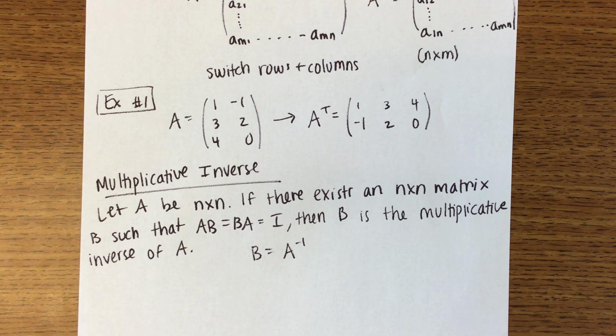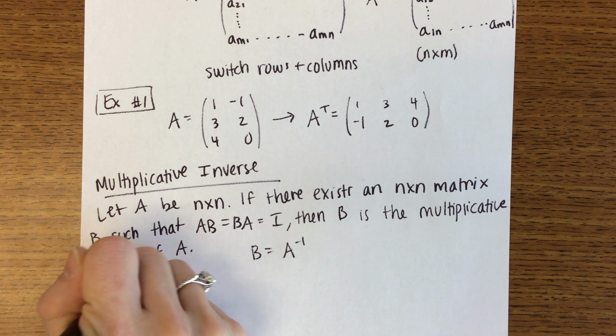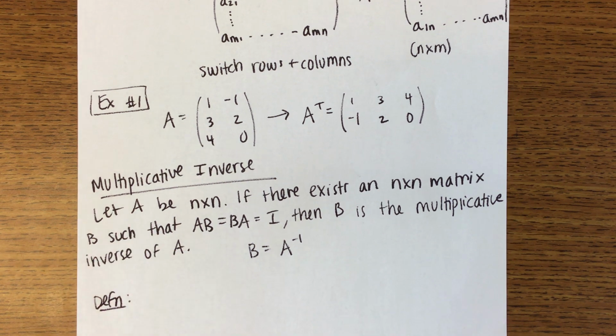Do you guys know when it does and when it doesn't? It is something with the determinant, yes. Any idea what it has to do with the determinant? When the determinant equals 0. Is that right? What does that mean?